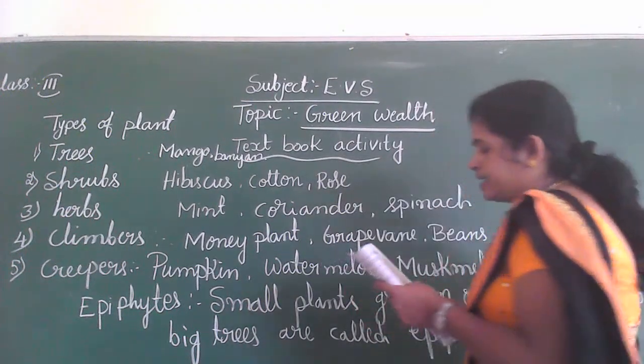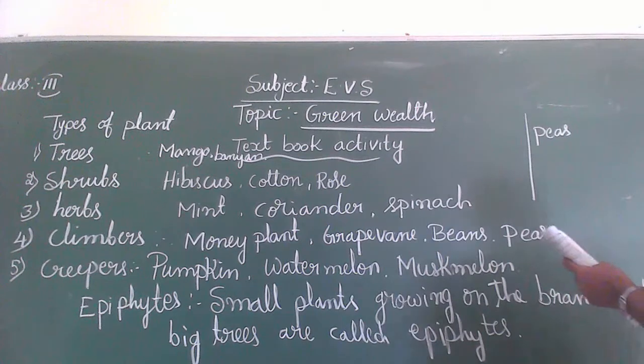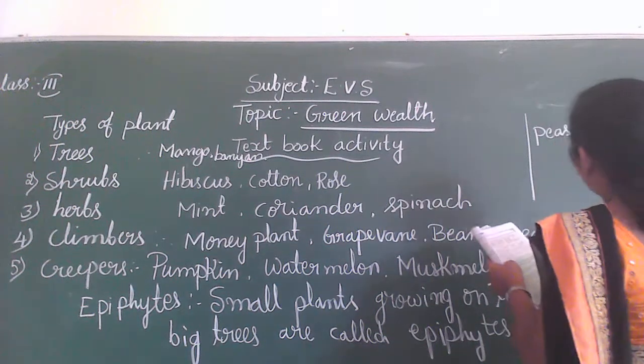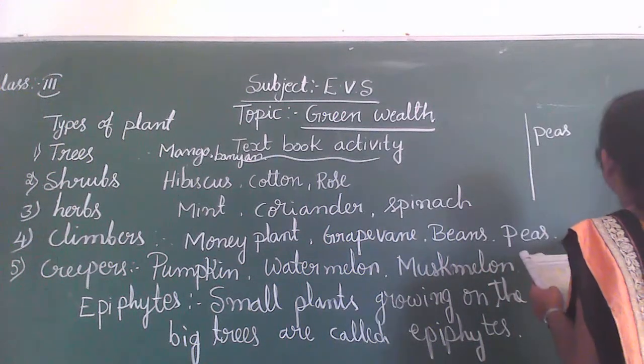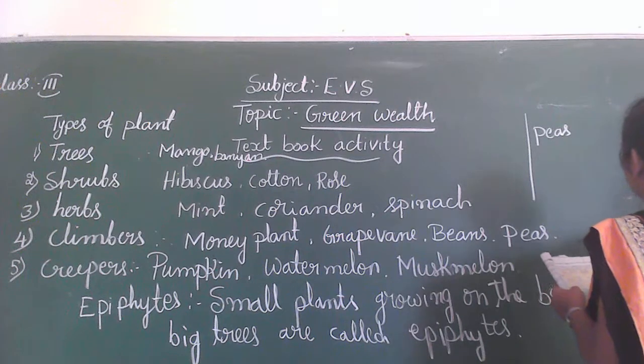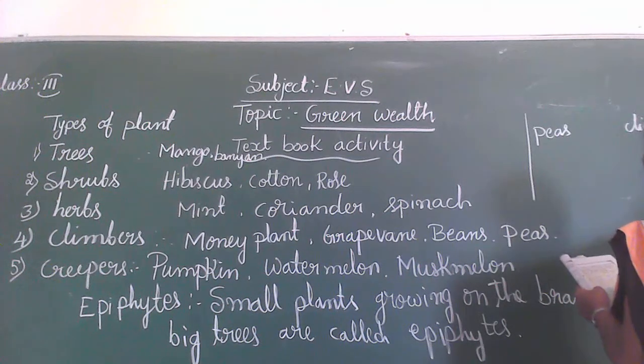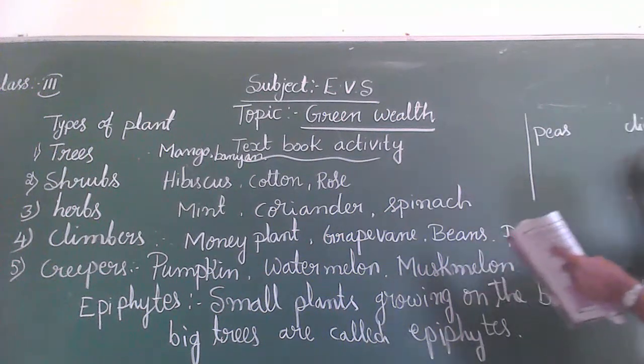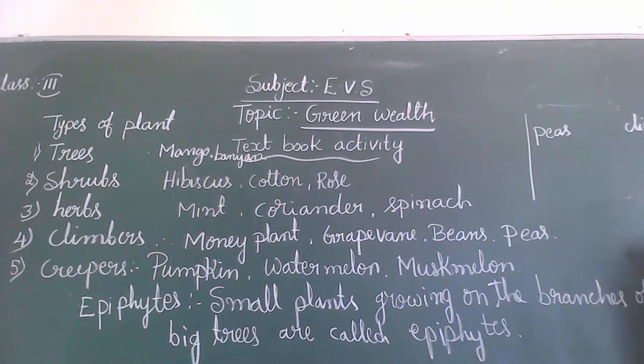Creeper. Next, climber. Peas is an example for a climber plant. This is the fruit. Fruit or leaf, children? Fruit. This is one of the vegetable plants.